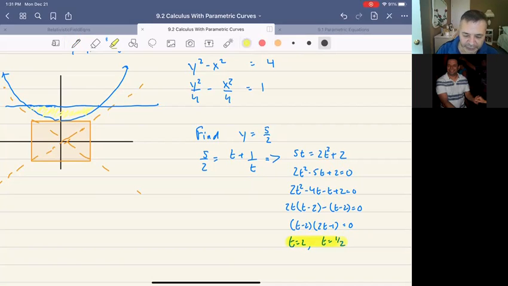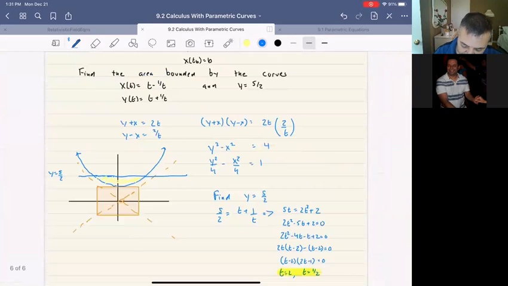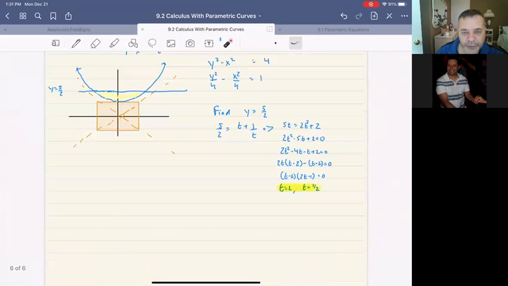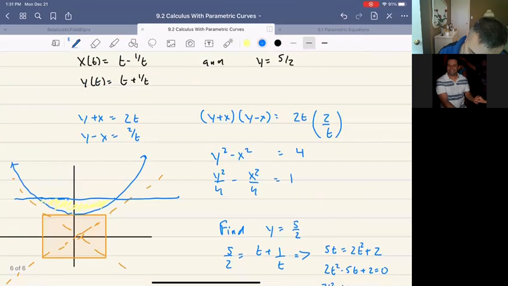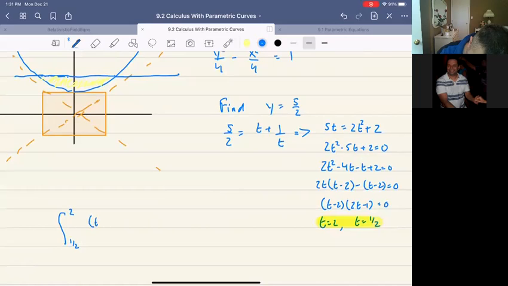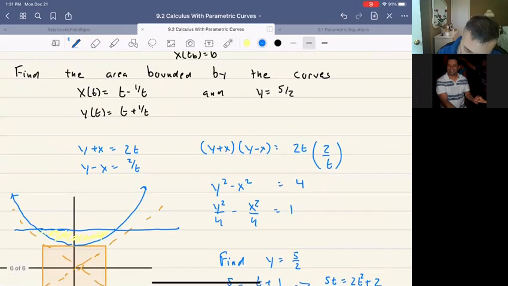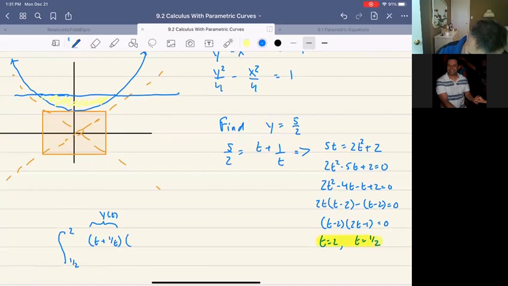Now the integral I need to set up is just this integral up here, y times x prime. So it's the integral from 1/2 to 2 of y, which is t plus 1 over t, times x prime, which is 1 plus 1 over t squared, dt.